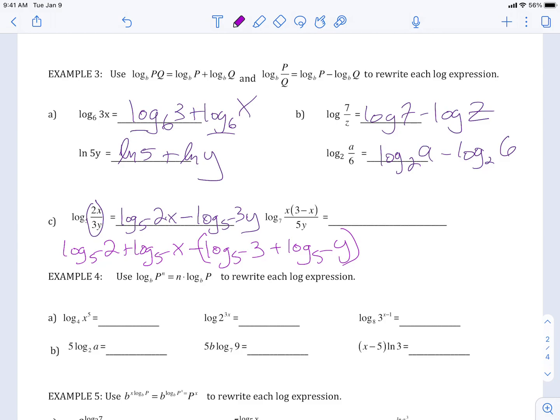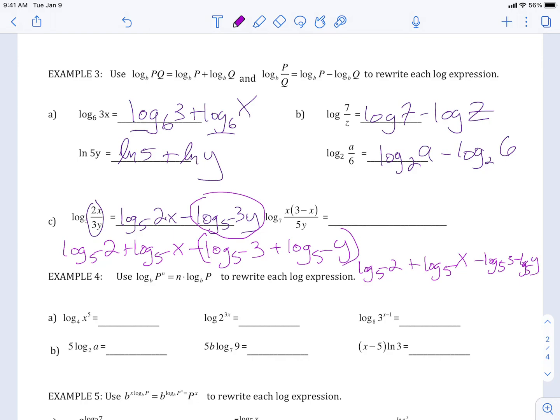But if you think about it, it's minus minus, right? Because this whole thing is one problem with a minus sign out here. So when you distribute that negative sign, it should be log base 5 of 2 plus log base 5 of x minus log base 5 of 3 minus log base 5 of y.